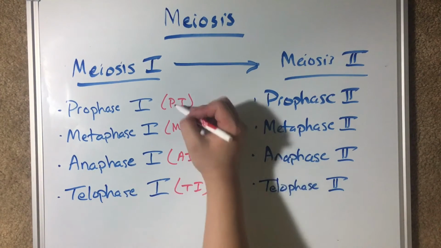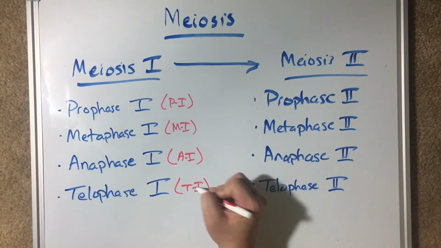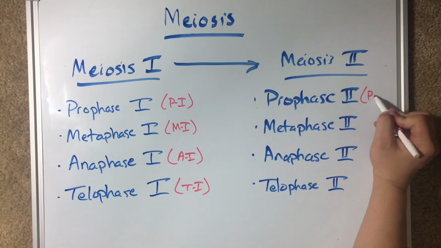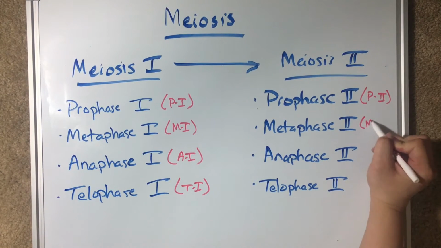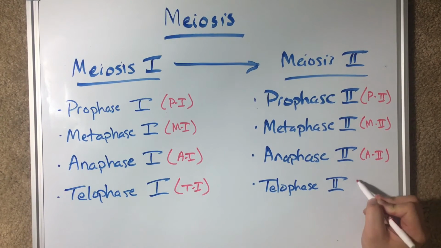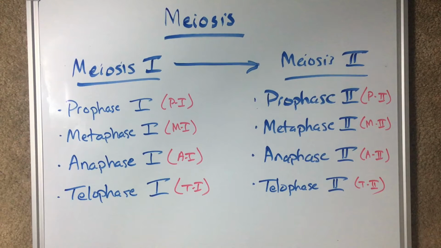Okay, so that you know. I'll put a little dash there too, so you know. Same thing here with the meiosis 2. P2, M2, A2, and T2. All right. So these are the abbreviations that I'm going to use in the diagram.